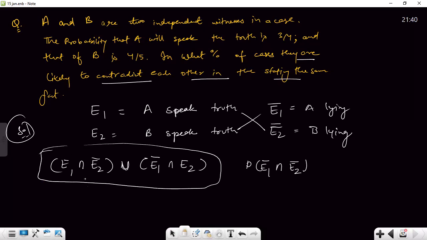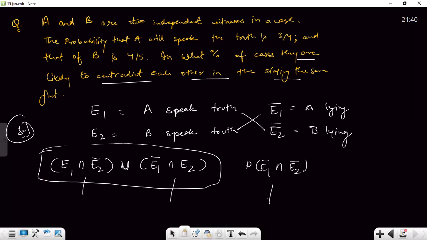When one is lying and another one is saying the truth, when both of them are lying, and when both of them speak the truth, then there will be no contradiction for sure, right?